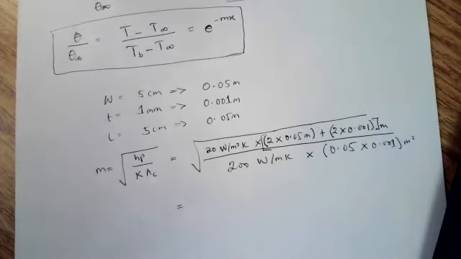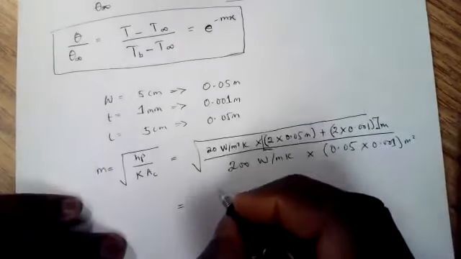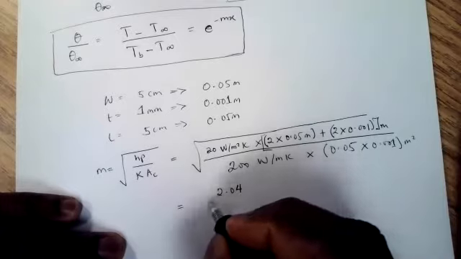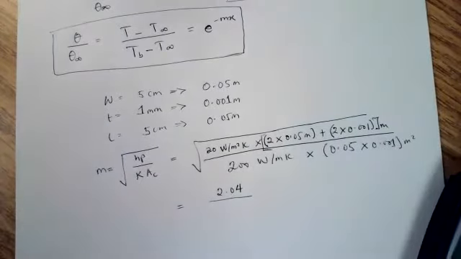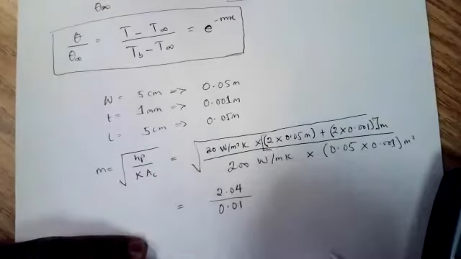We get 0.12, and if you multiply that by 20, we get 2.4, all divided by 0.05 multiplied by 0.001 multiplied by 200.